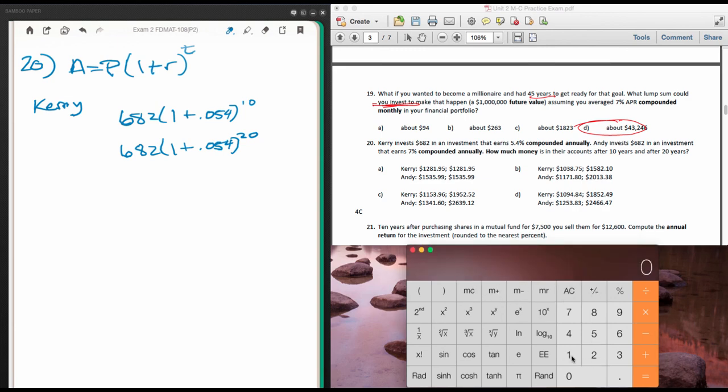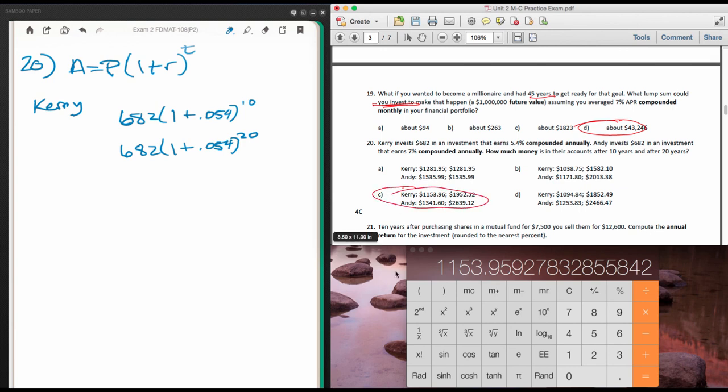Okay, so 1.054 raised to the power of 10, and then we're going to multiply that by the principal, which is 682. So after 10 years, she'll have 1153. Because none of the other ones have 1153, you already know that C is the correct answer. Let's assume that some of those had another one, so I'll just continue going on to show how you can do the rest of these.